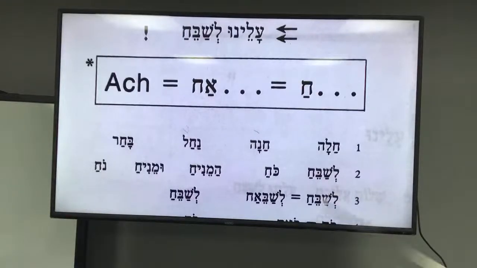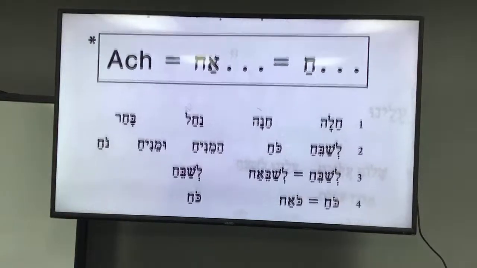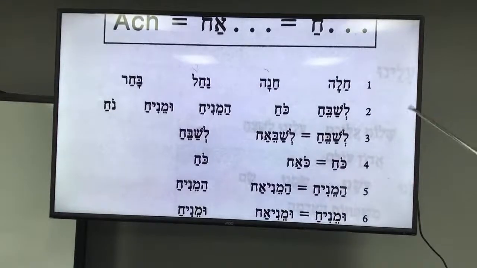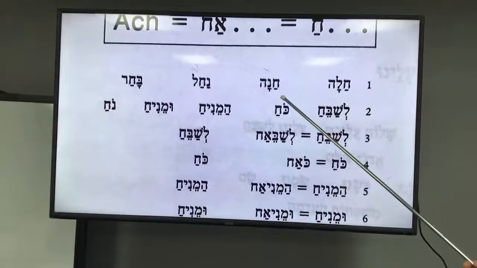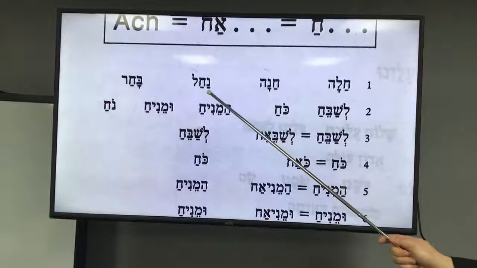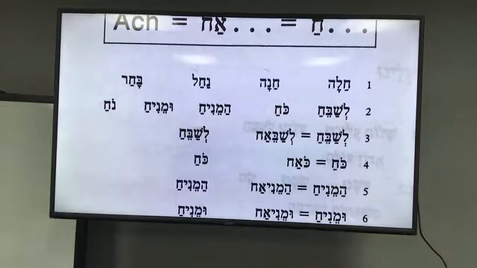So here we have chala, chana, nachal, bachar. Line 2 would be le shabeach. Keturah asks, how would you pronounce it if it did not have the little line on it?